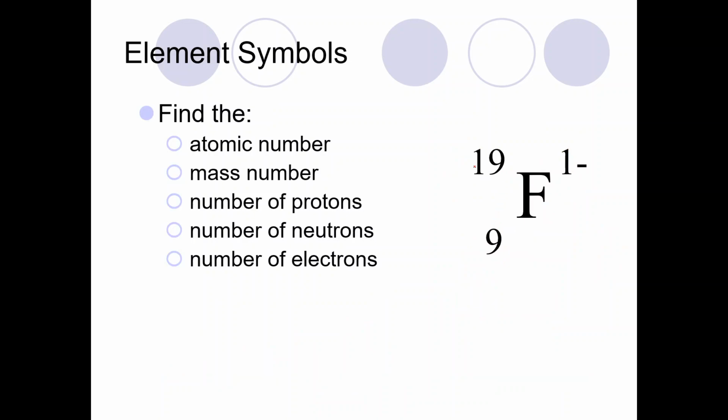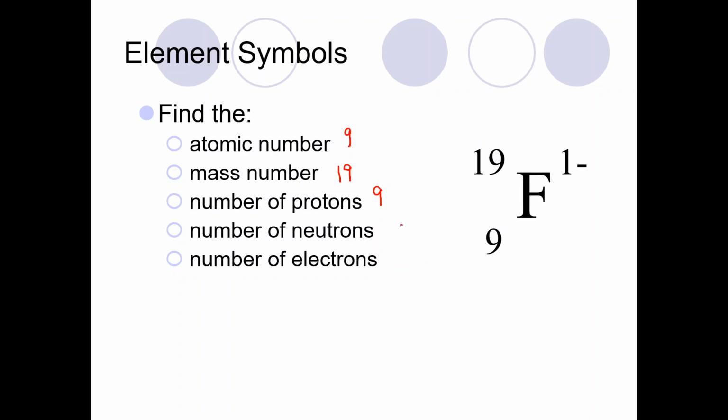Okay, this example is not in your packet, but let's just go ahead and do it together just for fun. All right, so our atomic number is our bottom left number. So our atomic number is going to be 9. Our mass number up here is 19, top left. Number of protons is your atomic number, so that's 9.